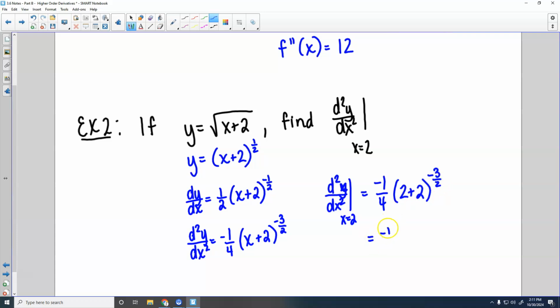And so I've got negative 1/4 times 4 to the negative 3/2. Okay, 4 to the negative 3/2. What should we do with that?